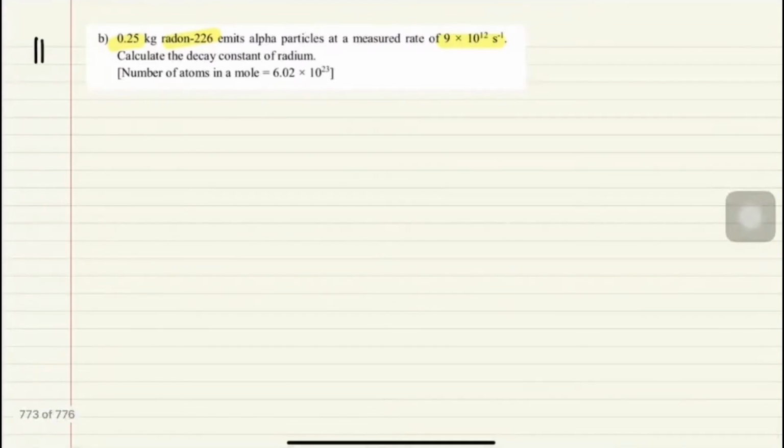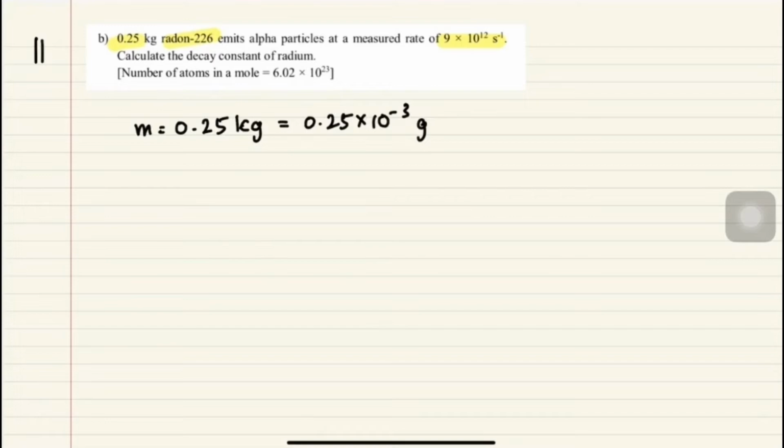First thing, they give you mass. But this one is in kilogram, so normally I would like to use gram. So it becomes 0.25 times 10 negative 3 gram. Why do I need to use gram? Because I want to have the same unit as the molar mass, 226 gram per mole.